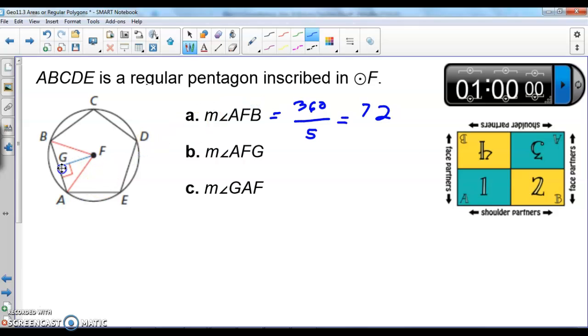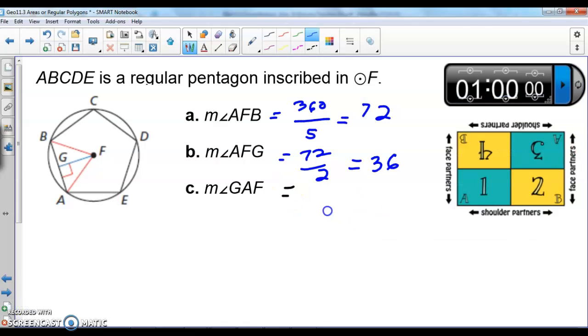Next, AFG. Again, this is an isosceles right triangle. Your apothem divides that into 2. So that's actually an angle bisector. So here you go, 72 divided by 2. You get 36.